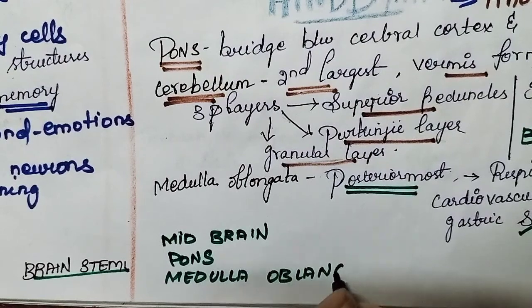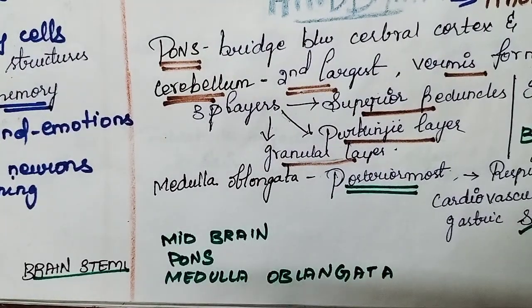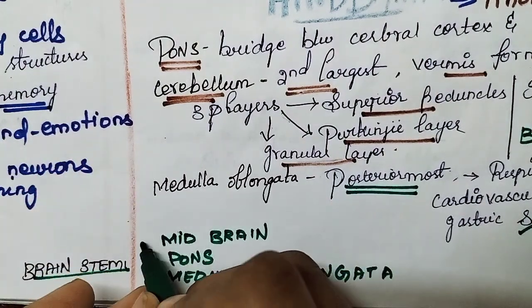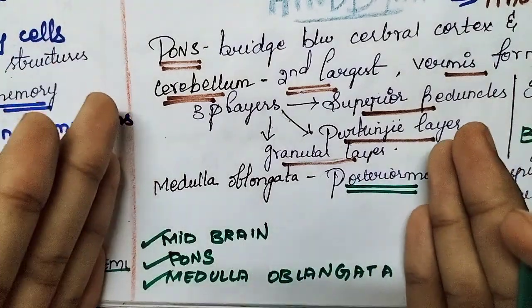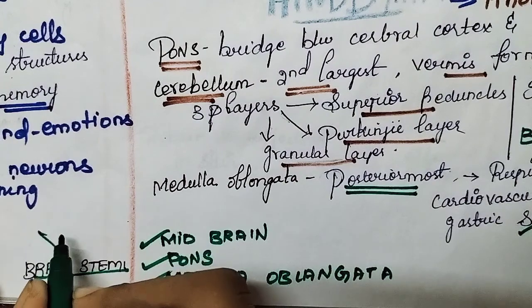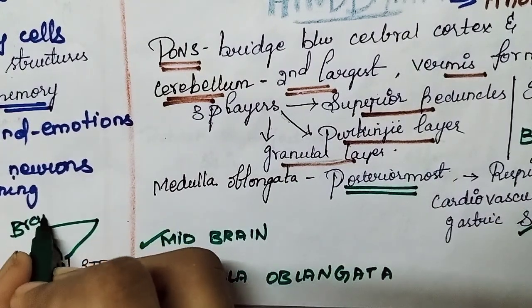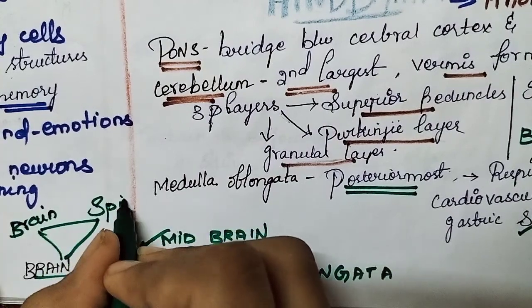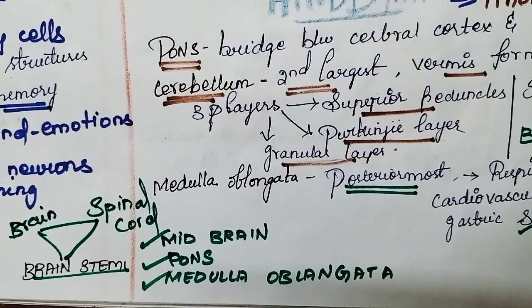Note this clearly: the brain stem's major parts are these three. They act as the connection between the brain and the spinal cord.